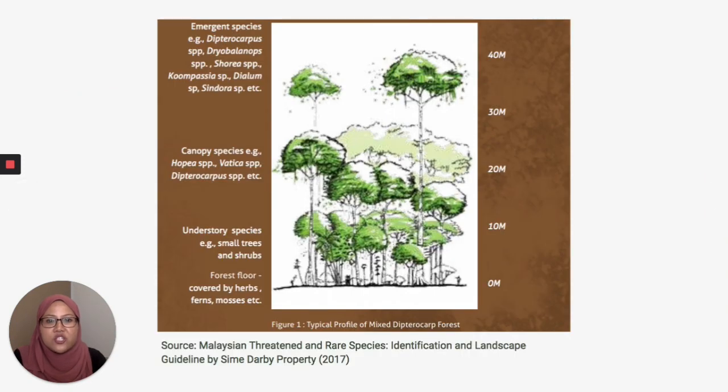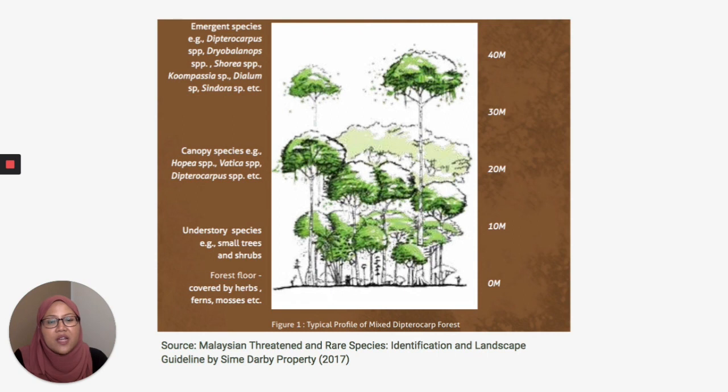Okay, this image shows the uniqueness of our tropical rainforest, which shows a profile of mixed deep tropical forest. So we can see at the lowest level is the forest floor covered by herbs, ferns and mosses. And then it goes up to understory species that may include small trees and shrub species.